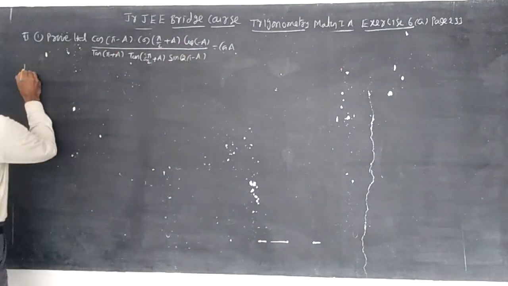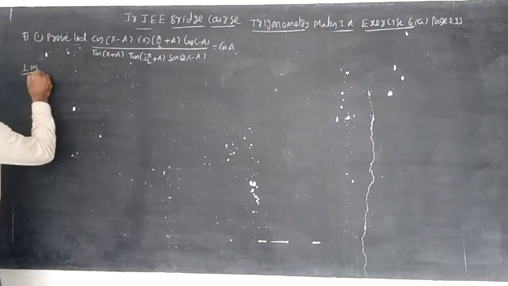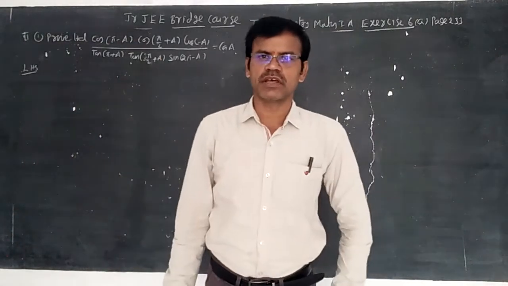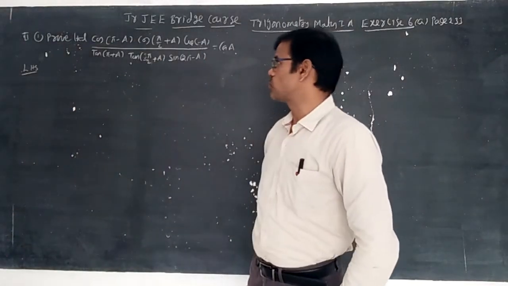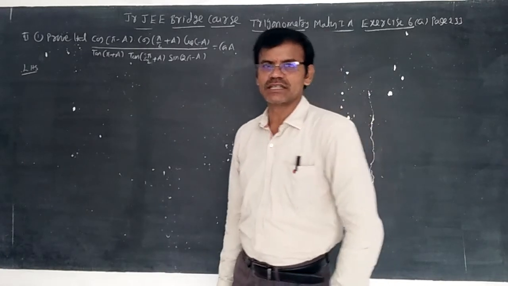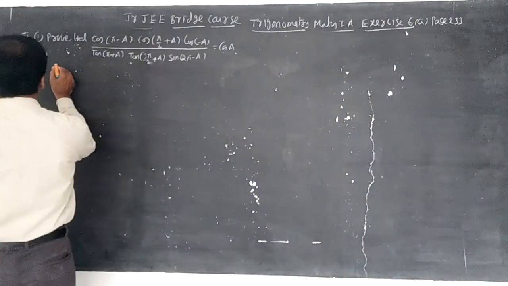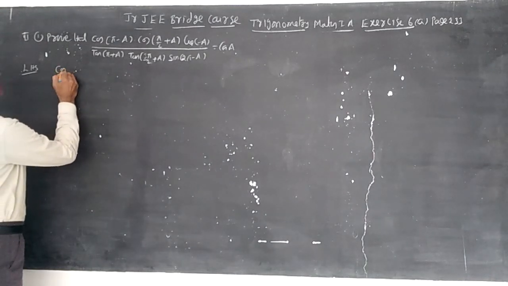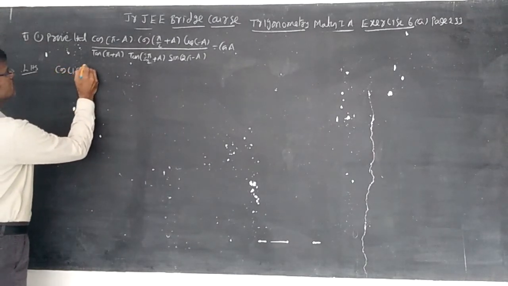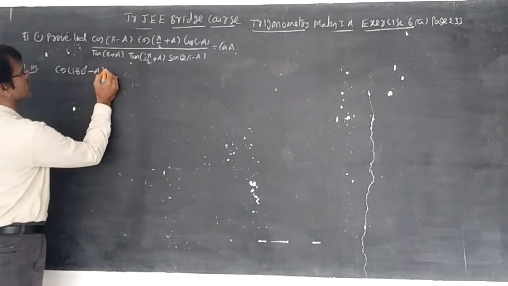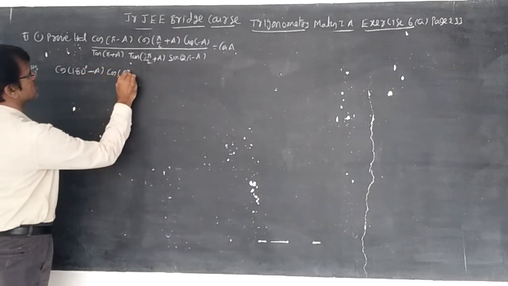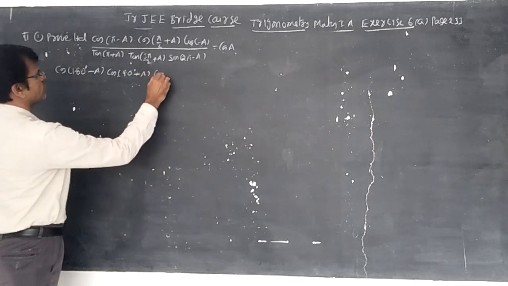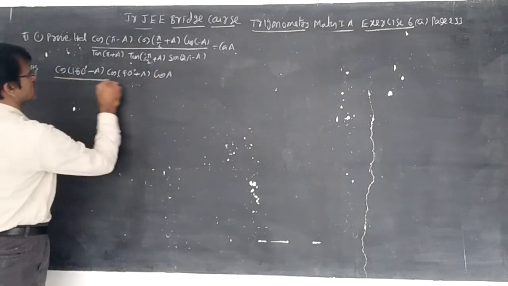Now taking LHS, you can understand pi means 180 degrees and pi by 2 means 90 degrees. If it is 2 pi, it is 360 degrees. Now, in allied angles model, this is cos 180 minus A and this is cos 90 plus A. Cos of minus theta is always cos theta.